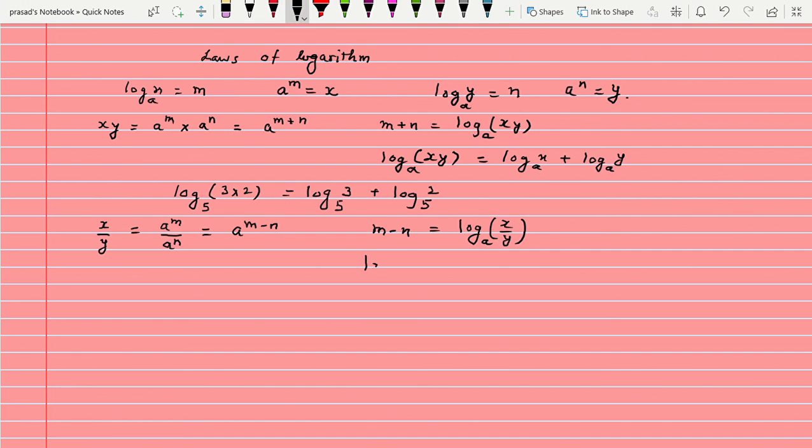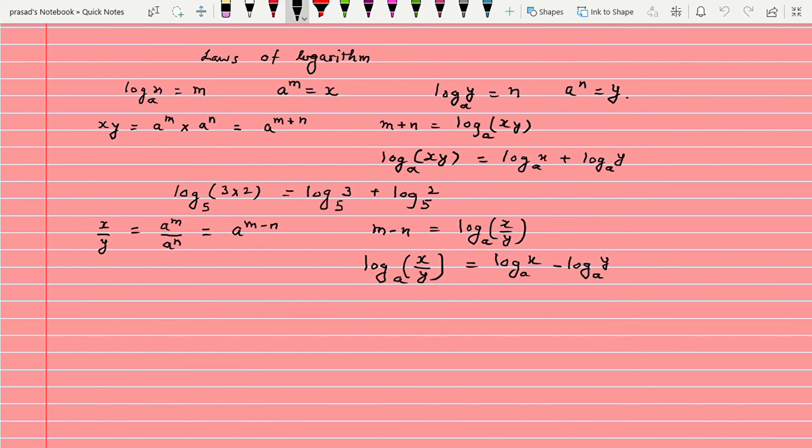So if I put back for m and n, I will get log of x upon y to base a is equal to log of x to base a minus log of y to base a.